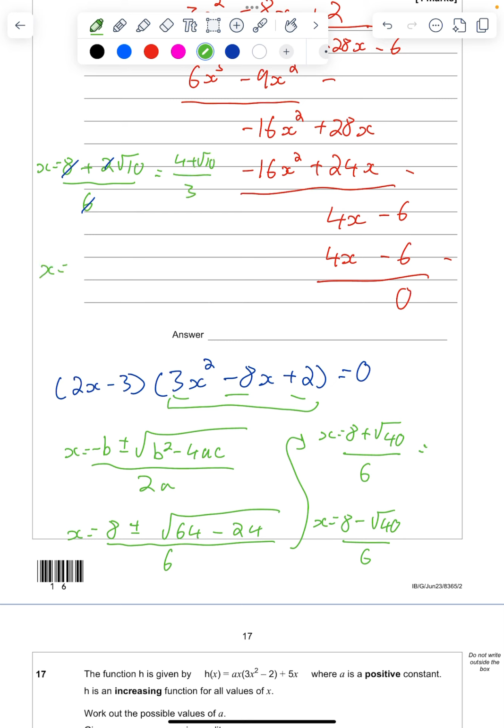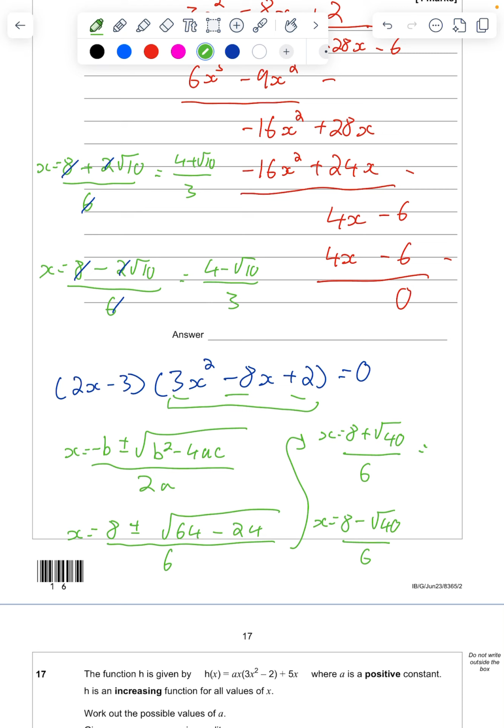And then the other one is 8 minus. Now root 40 again is 2 root 10, so minus 2 root 10 over 6. And again, just divide everything through by 2 on those parts. So that's going to go to 4 minus root 10 over 3. Right, is that going to be correct?